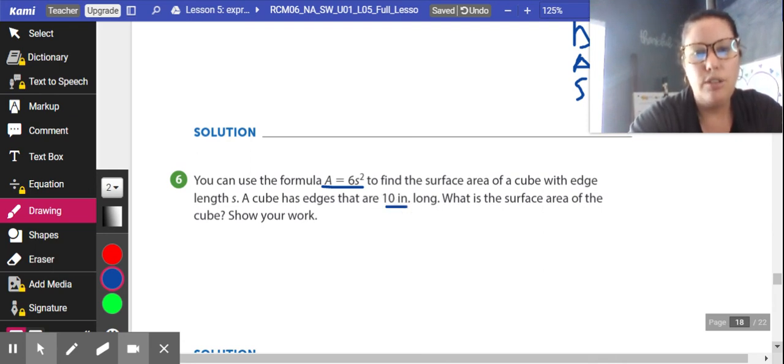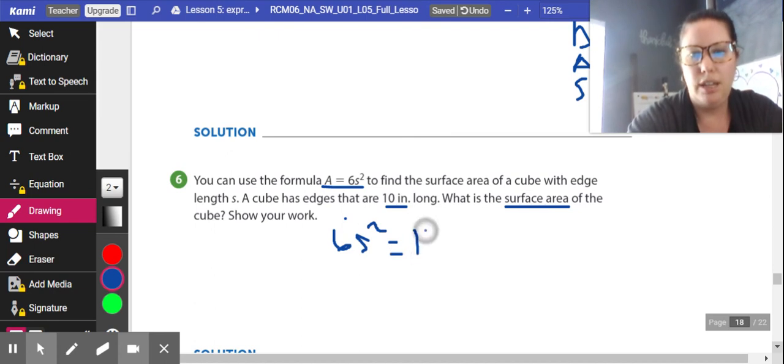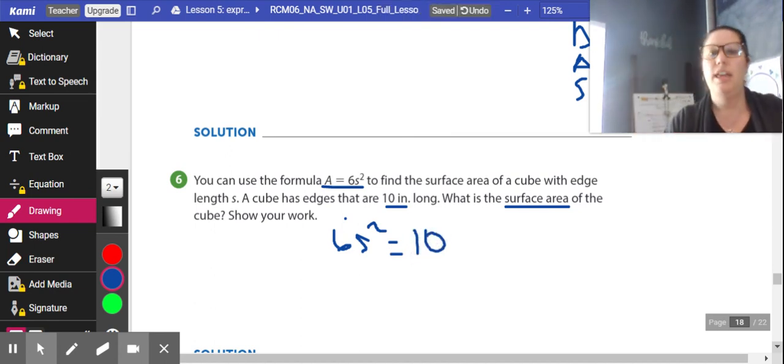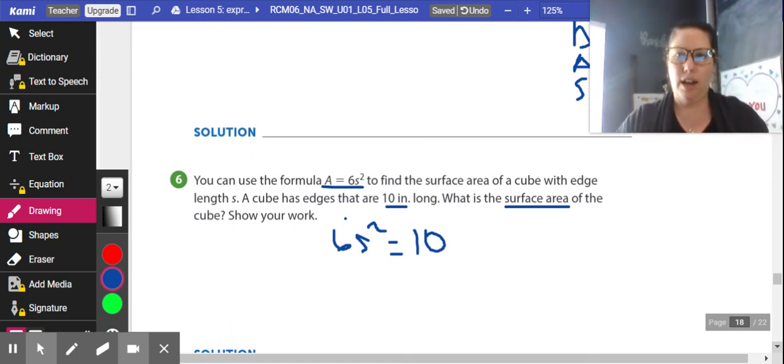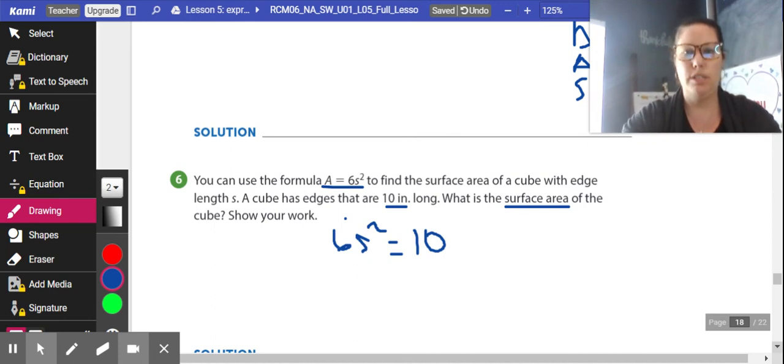It tells you what the edge is, but you need to find out the surface area S. So you have 6S squared is equal to 10. I'm going to let you try that one on your own and see if you can figure it out. If not, come to my office hours and check your work.